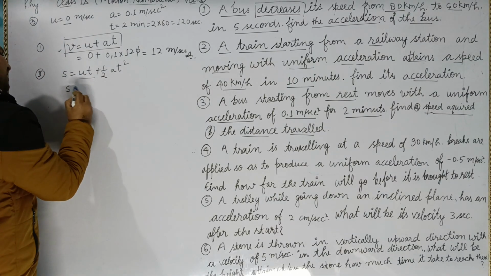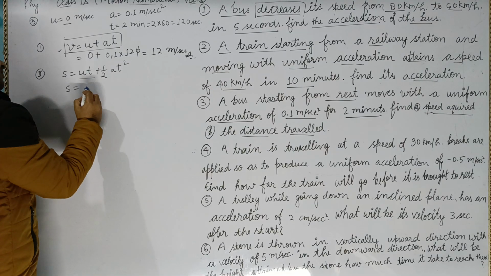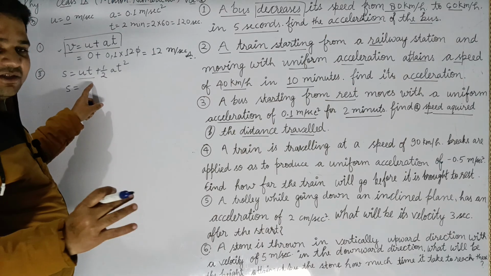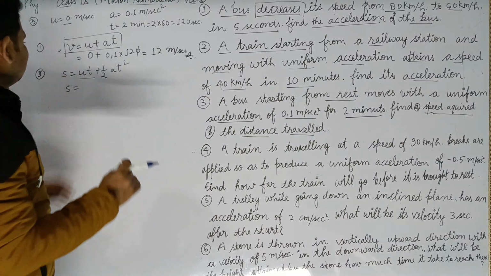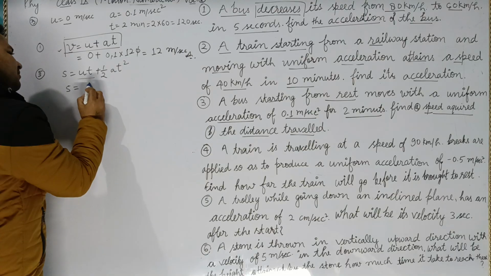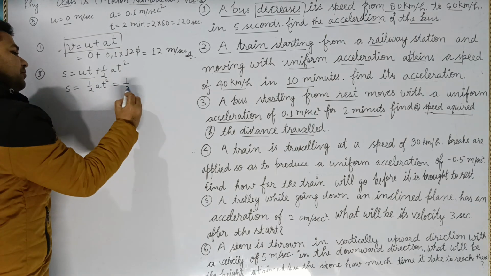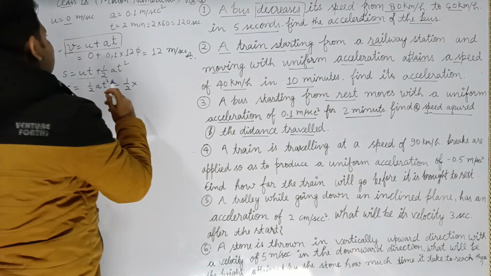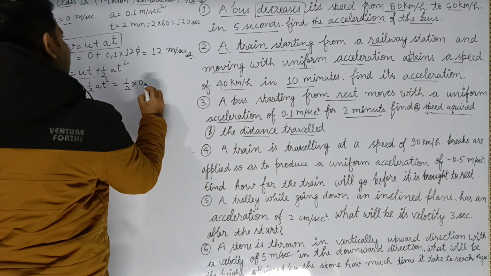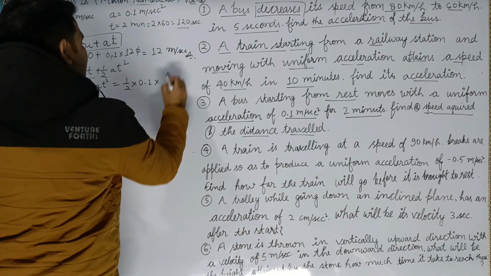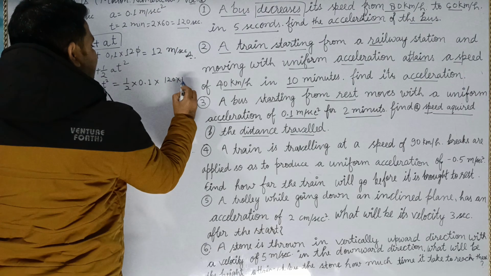So when the initial velocity is 0, we write the formula s equal to 1 by 2 at square, and putting the values, 1 by 2, acceleration is 0.1, into t is 120 into 120.